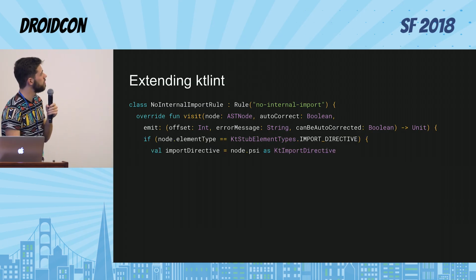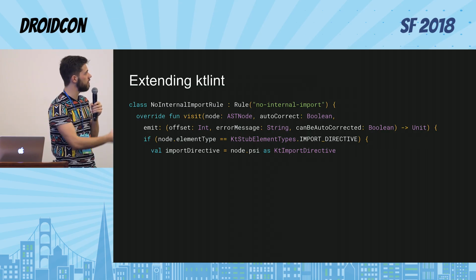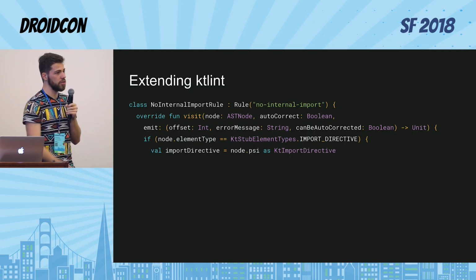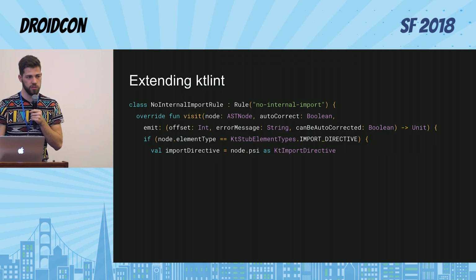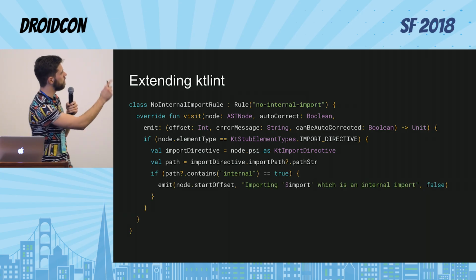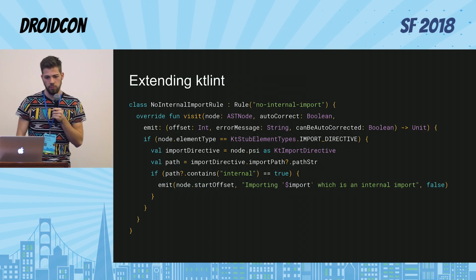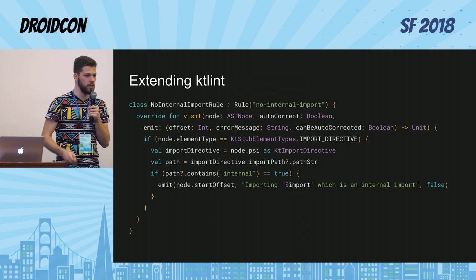So what we do is we check if the element type is the import directive, and again here, if that's the case, we can cast it. So it's also using the classes from the Kotlin compiler, so this will also only work with Kotlin. Then again, the next part is basically the same. We take the import path, and if it contains internal, we emit a warning.